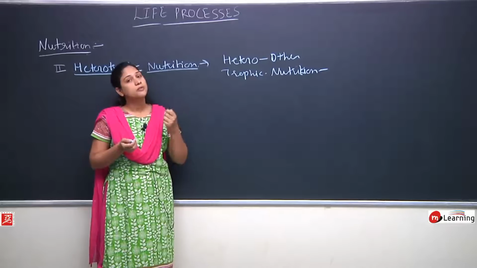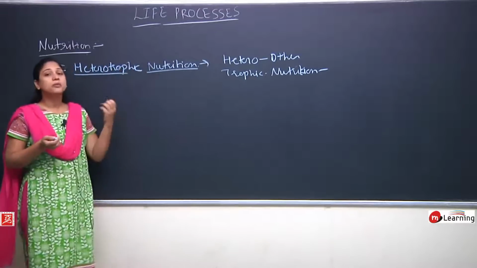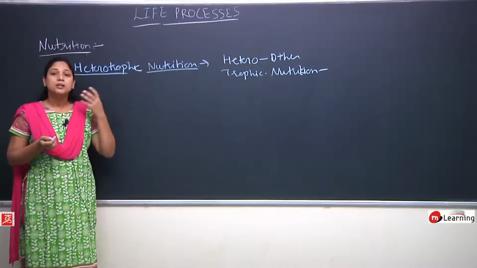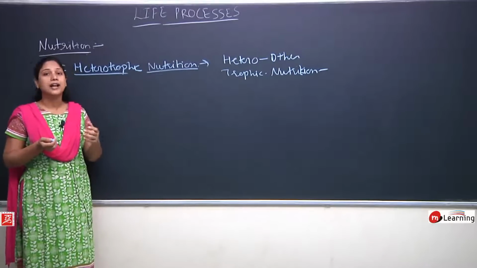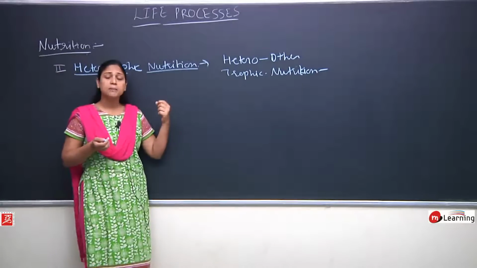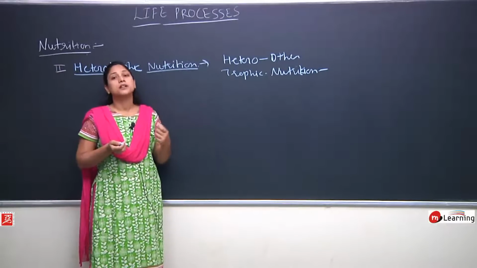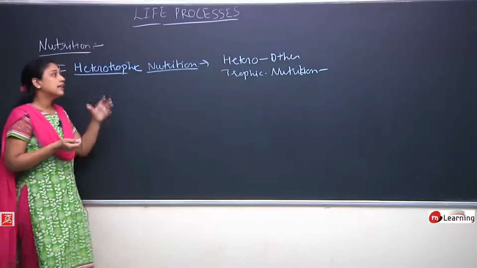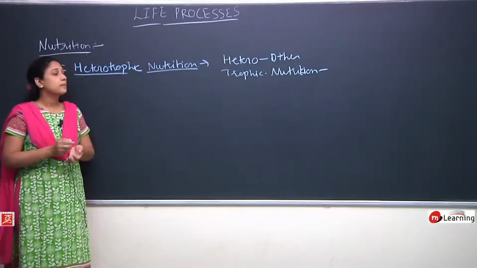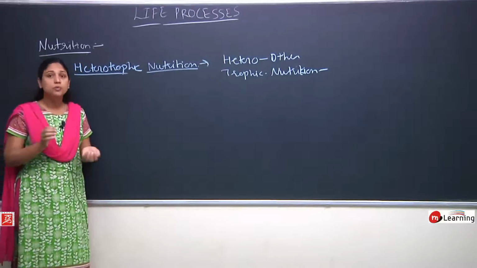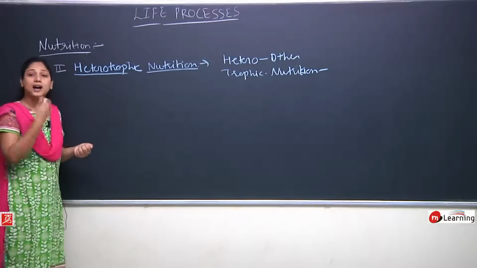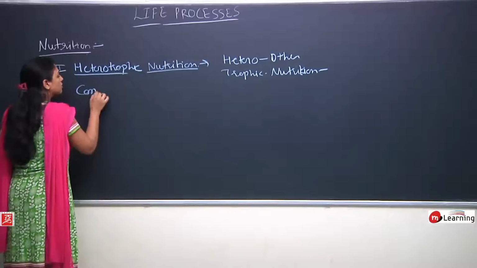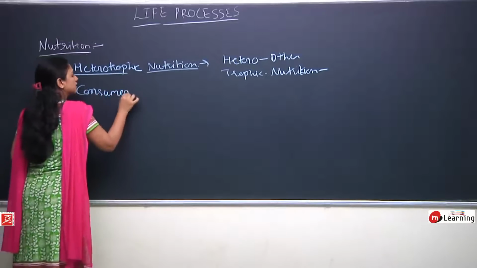Like us, many other organisms are dependent on other sources of nutrition like plants and animals, and they are called heterotrophs. They are also called consumers because they consume other organisms.